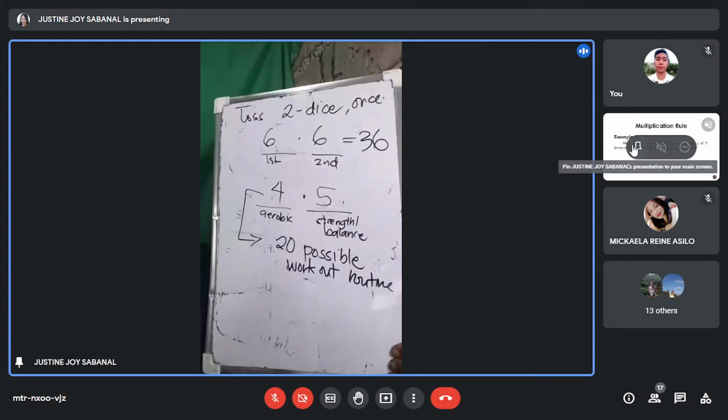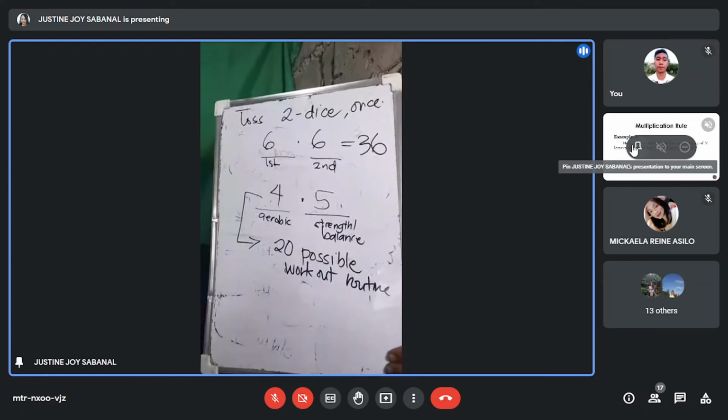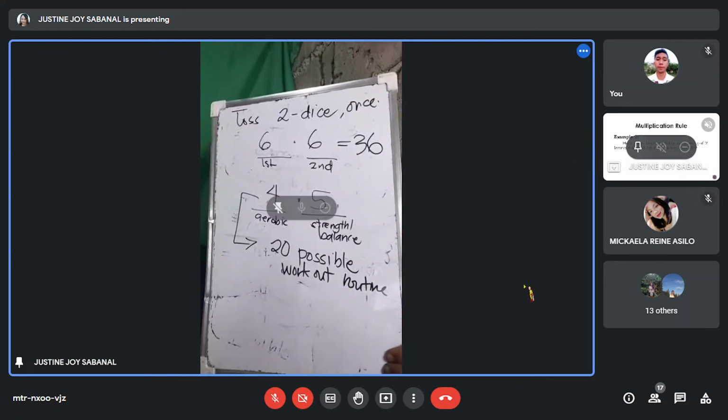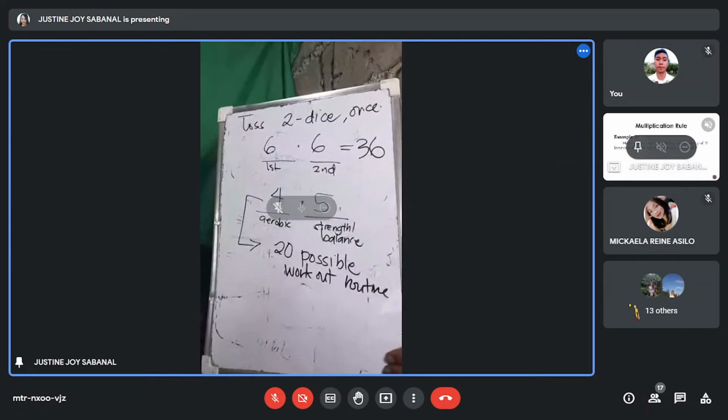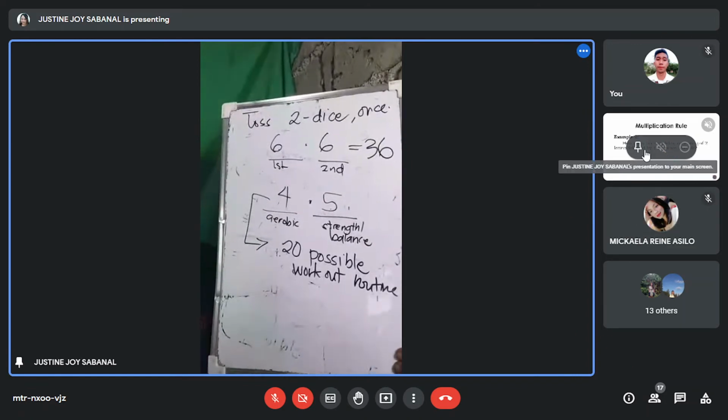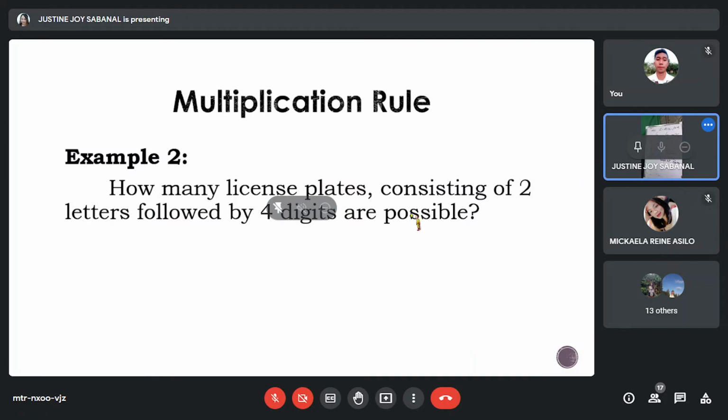So, how many license plates consisting of 2 letters followed by 4 digits are possible? So, ilang object yung under consideration dito? Go on, Jericho.